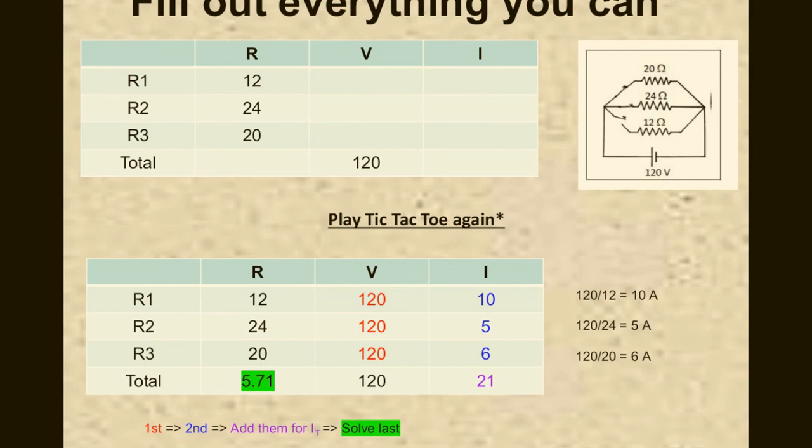So now I have 21 for total current and 120 for total voltage. And now I can easily go and solve for the total resistance. And that's by using Ohm's law equation. So in this scenario, I did not use the equation 39, which was the inverses for finding resistance, and it still led me to the same answer. So you can pick and choose what you like, but again, these charts will help you out tremendously.